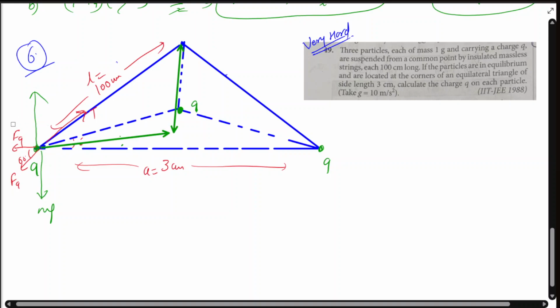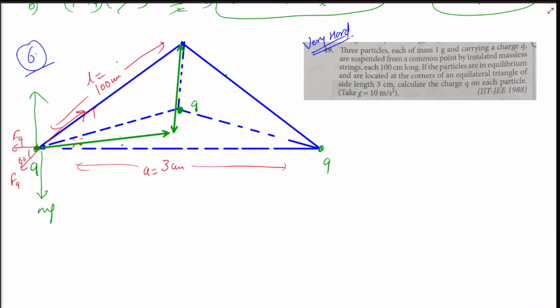Let's suppose this is theta, then this will be theta. So this component will be T cos theta, and this will be T sin theta. Now, T cos theta is balancing mg, and T sin theta should balance the resultant of these two forces.